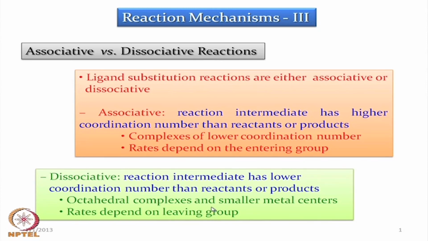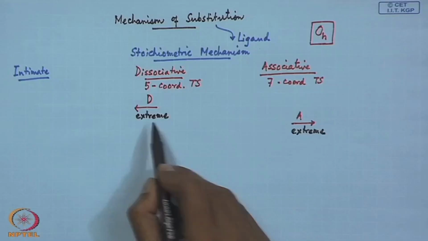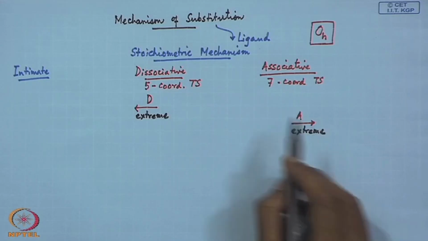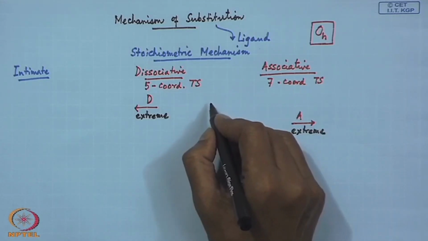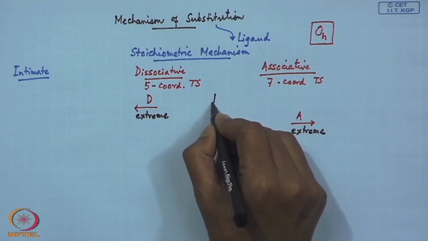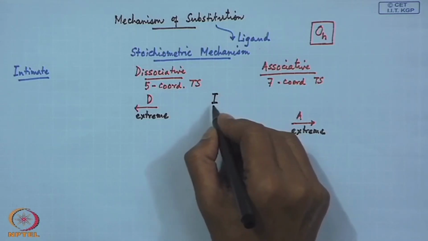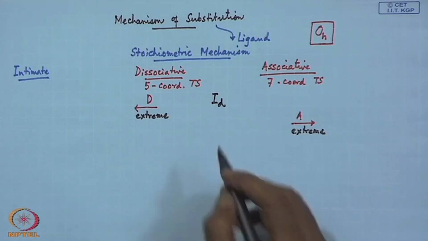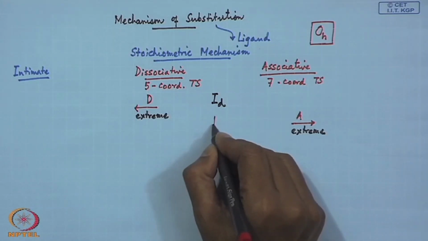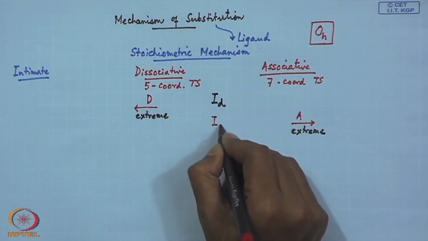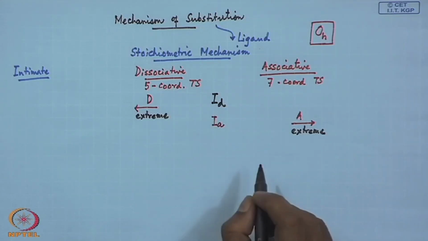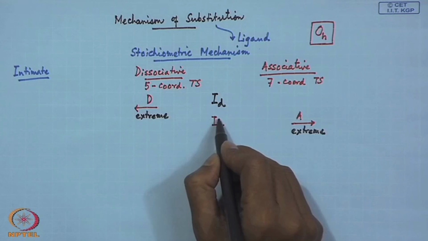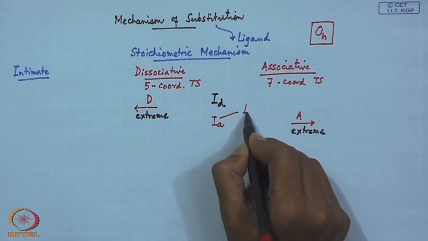So, when we have these two, D at one extreme end and A at the other end, we have 2 other intermediate reactions known as interchange dissociative and interchange associative. So, one is Id and the other is Ia, and this I is the interchange.